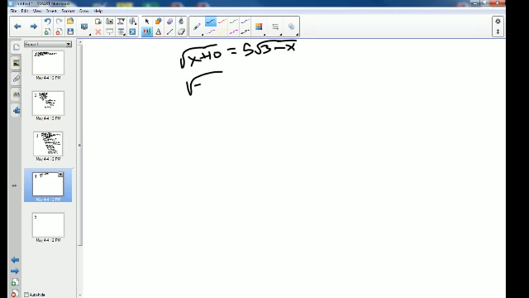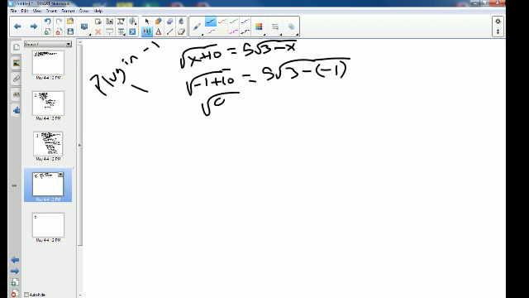So we'll start off with negative 1. So the square root of negative 1 plus 10 equals 5 minus the square root of 3 minus negative 1. Make sure you keep track of that negative, because if you forget it, your problem will turn out wrong because of a stupid arithmetic mistake.